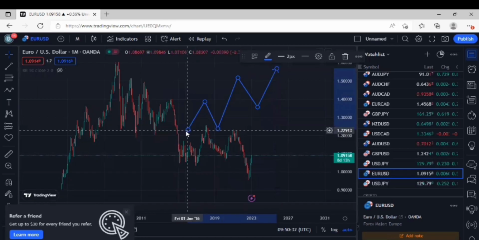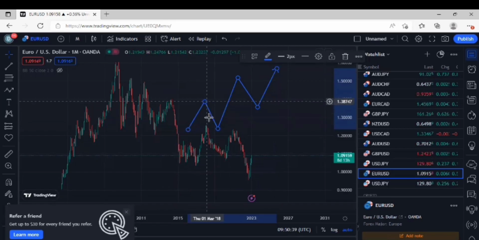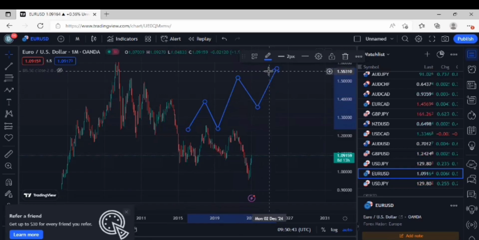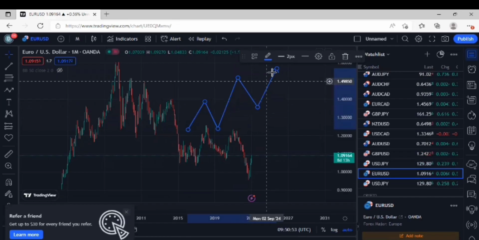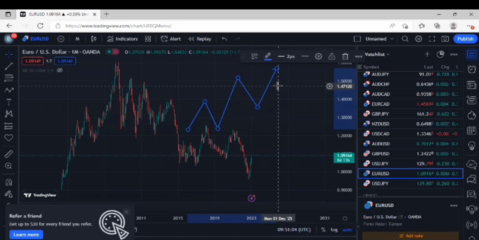Or you can say the higher low, the higher high, the higher low, the higher high, and so on. That is a structure in the market. So now, how do you use this to determine the direction of the market? How do you use it to know the trend continuation or the trend reversal?